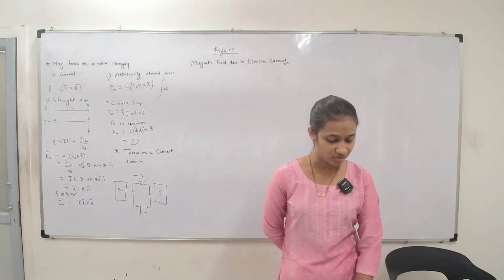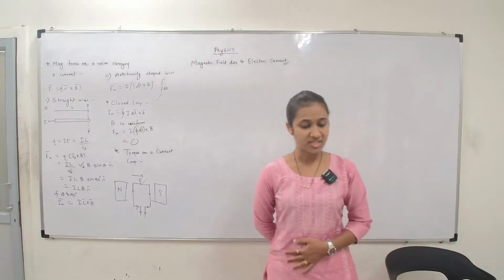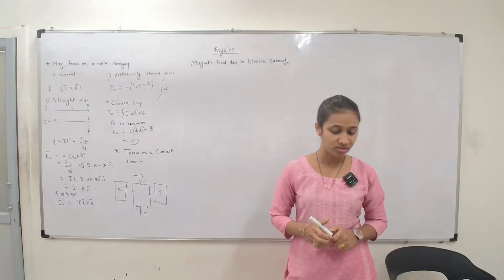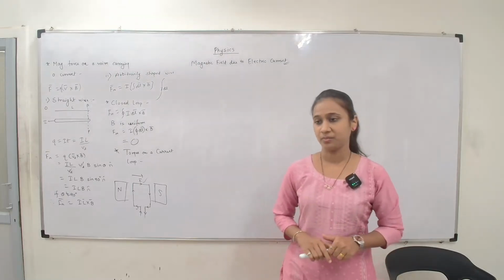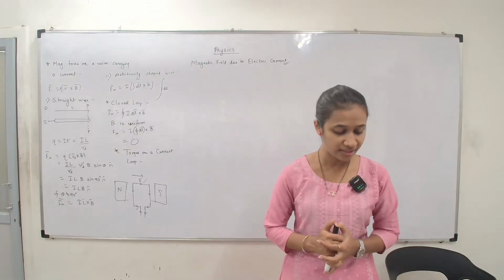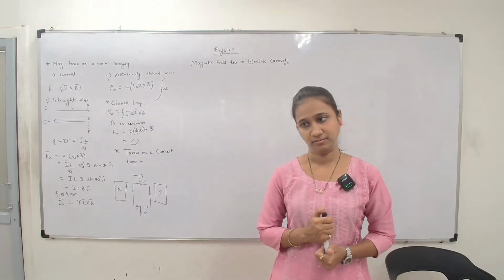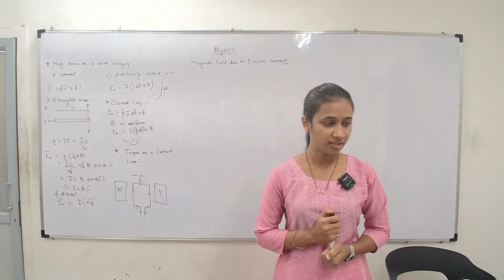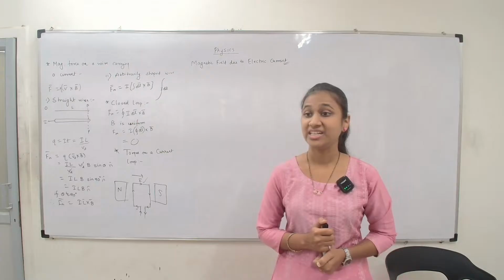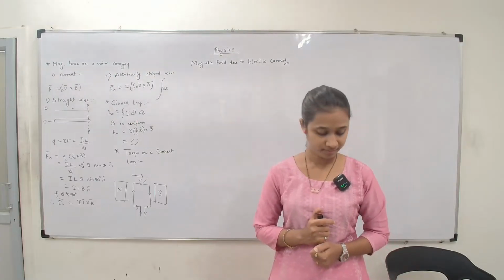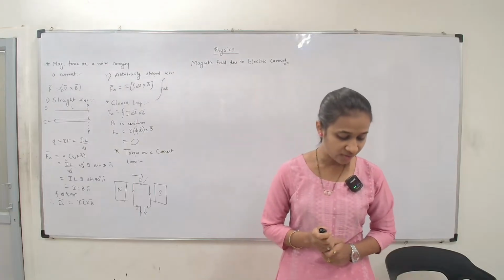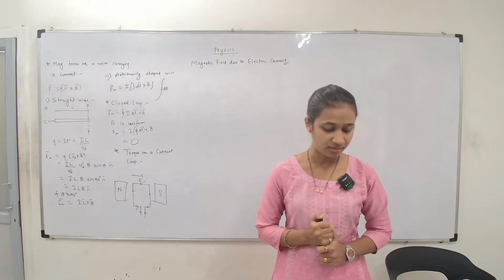Let's now obtain the forces on all sides of the loop. We already discussed two sides. What is this F4? F4 is the force acting on the fourth side. Look at diagram 10.11. F1 is the force acting on side CD. F2 is the force acting on the side AB.